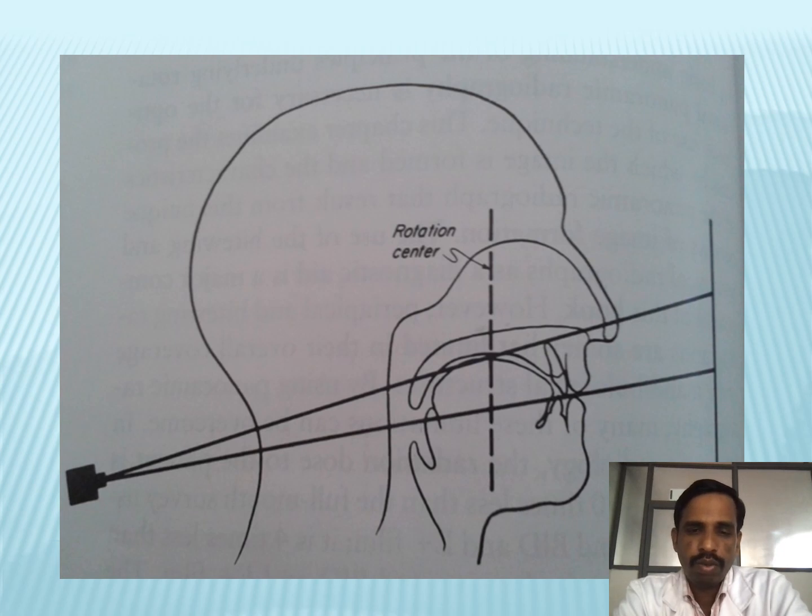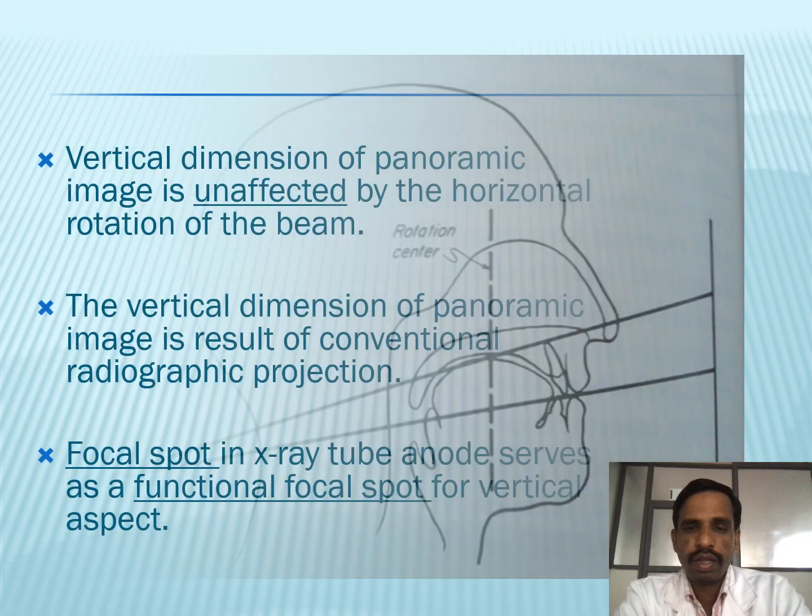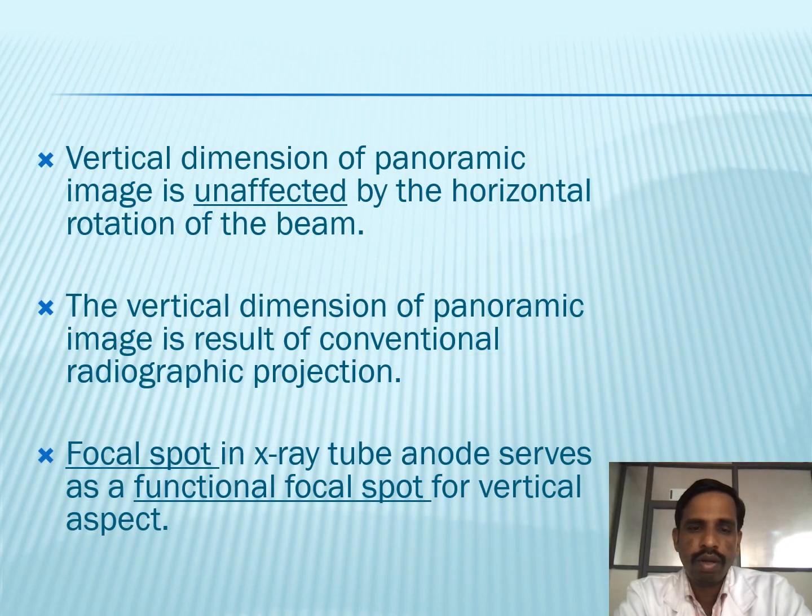The X-ray source will be rotating around the patient's head, and we take an imaginary center, which we call the functional focus or rotation center, which is in the oral cavity.